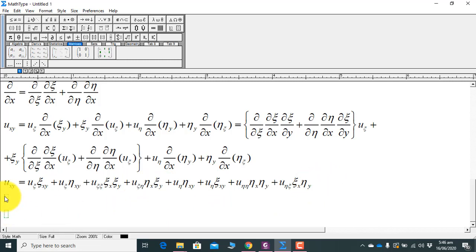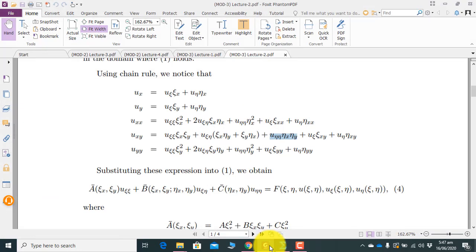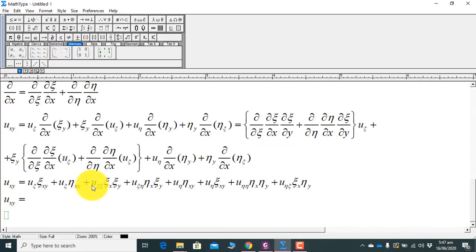Now you can simplify more as well. How? I have written in the standard form related to second order derivative, so you can start from there. u xi x is the first term, plus u xi eta, the second product, u xi eta is there, and u eta xi, they are both similar.